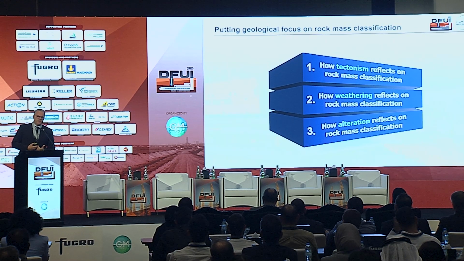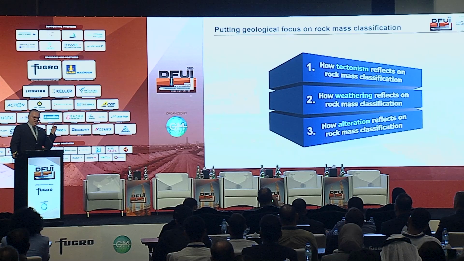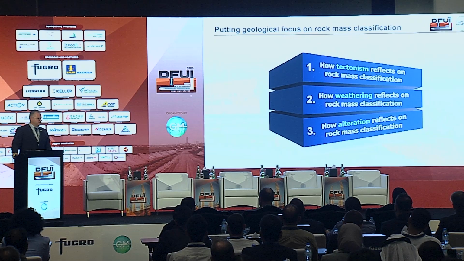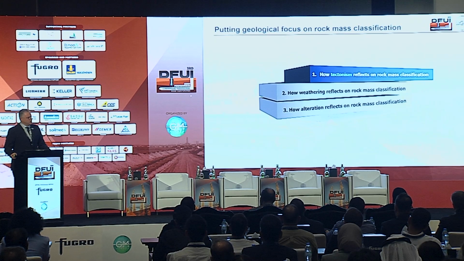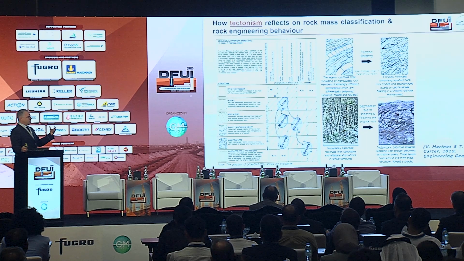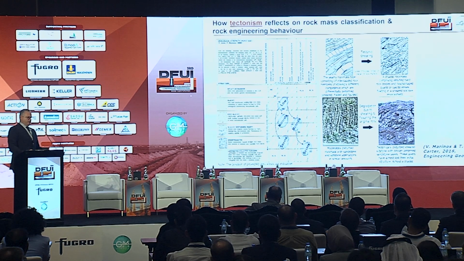I'm using these processes, which are pretty common to all areas, because they produce different rock mass types, but they are also hiding threats behind them, geological hazards. So how tectonism, from low to moderate to severe, something which is of a brittle nature, we know how it shifts in space.